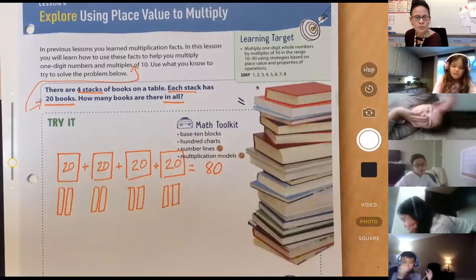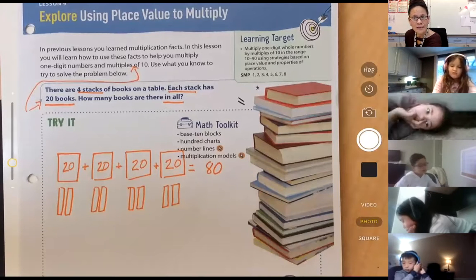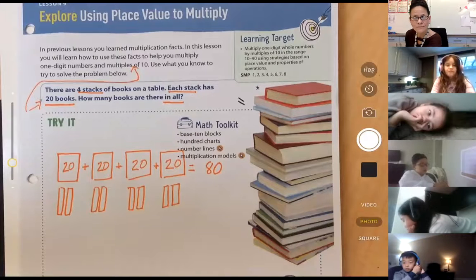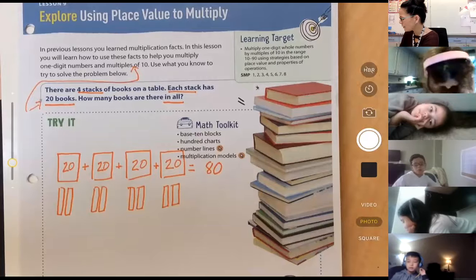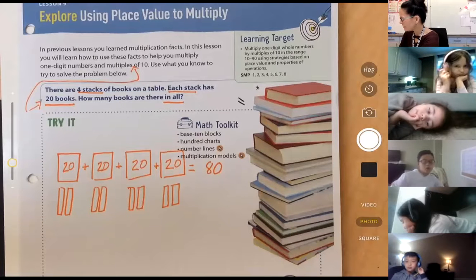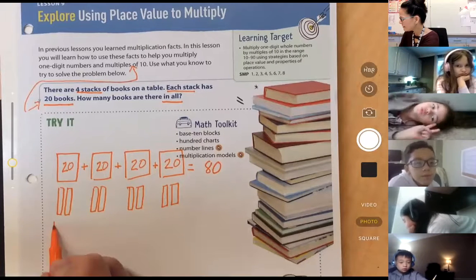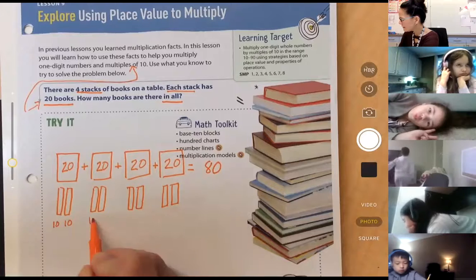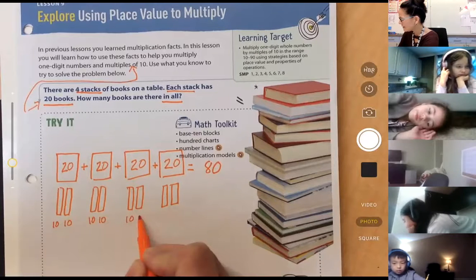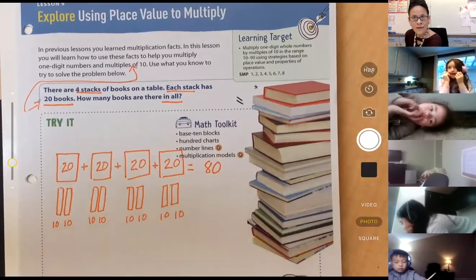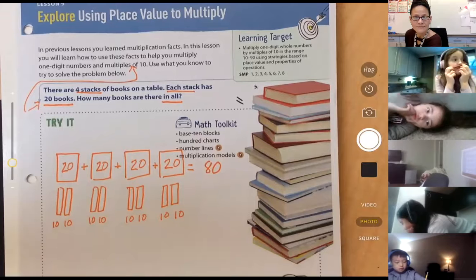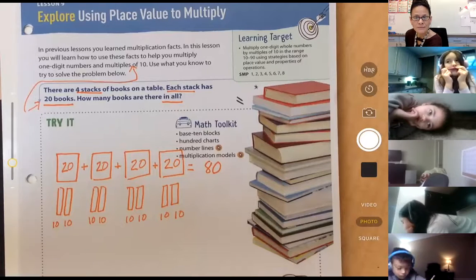So when I go from 20 plus 20 plus 20 plus 20, when I break apart using place value, multiples of 10, for example, then I end up with 10 and 10 and 10 and 10 and 10 and 10 and 10 and 10. And so, of course, now with these multiples of 10, this is simple skip counting or forward counting.